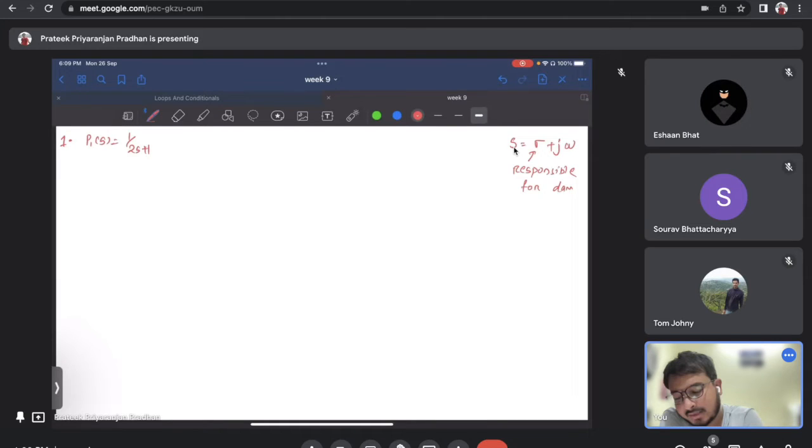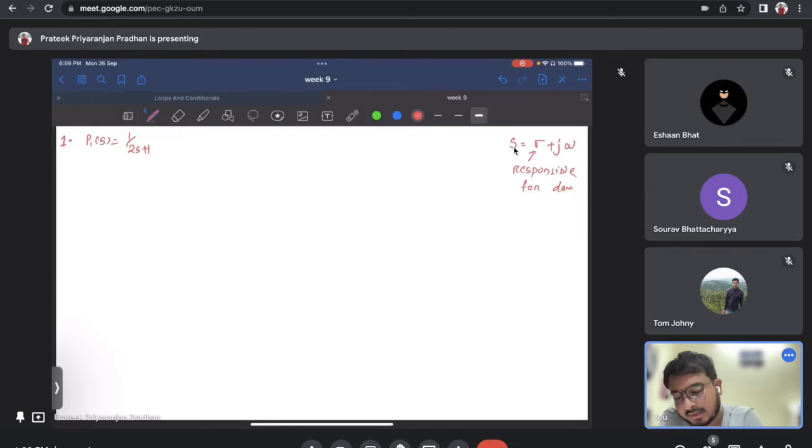So what will be the magnitude? The magnitude will be the magnitude of P1(j omega), which is 1 upon the root of the magnitude of 2j omega plus 1.